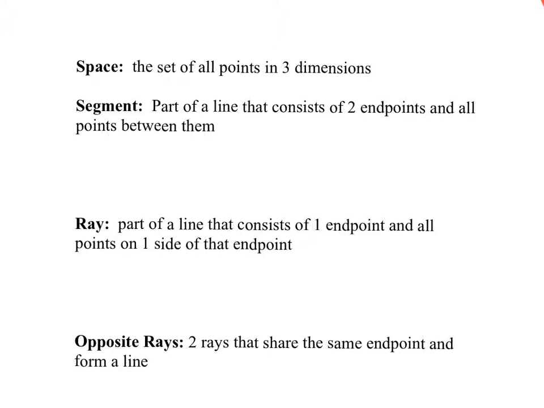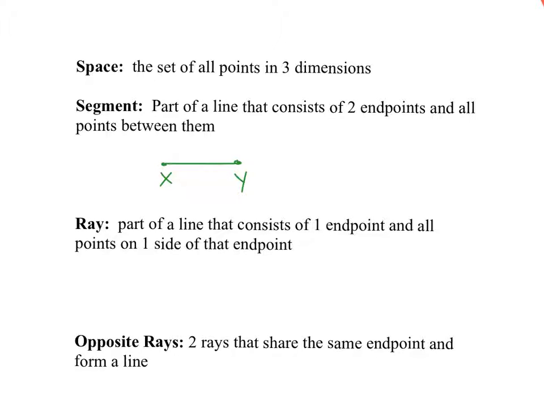A segment, we talked earlier about a line. A line keeps going forever. A line has no end. A segment is just a part of a line. So if I have a segment, it's going to look something like this. If this is point X and point Y, you'll have your end points. Notice there's no arrows. It doesn't keep going.